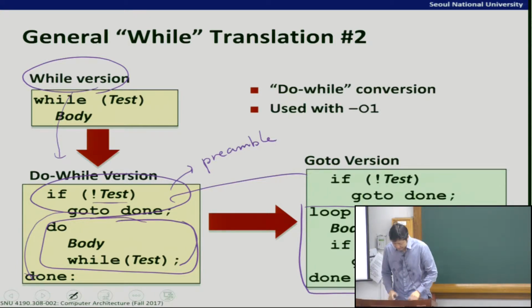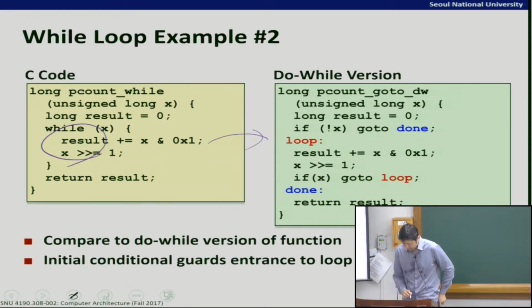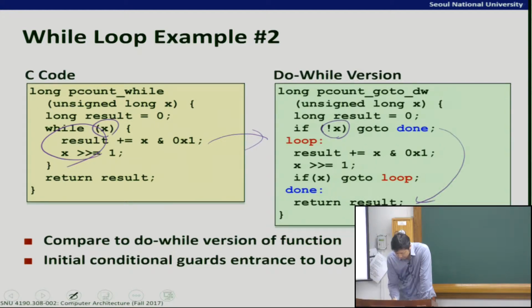So if you take this version, here is the original C code, which is translated into the do-while version using do-while conversion. Here, if this condition is not satisfied, then we skip the loop. Otherwise, we enter the loop.